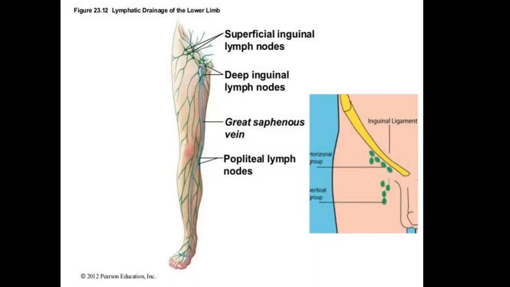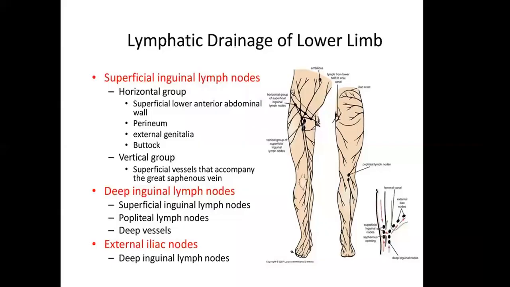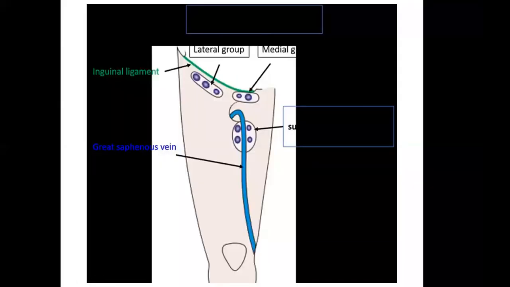The superficial inguinal lymph nodes, as you can see in this slide, are of two groups, horizontal and vertical, due to their position. The horizontal are lying side by side to one another, whereas the vertical are arranged in a superior to inferior fashion.